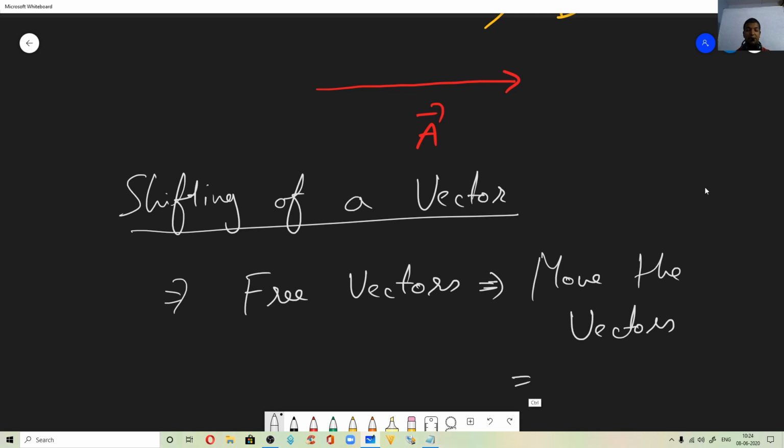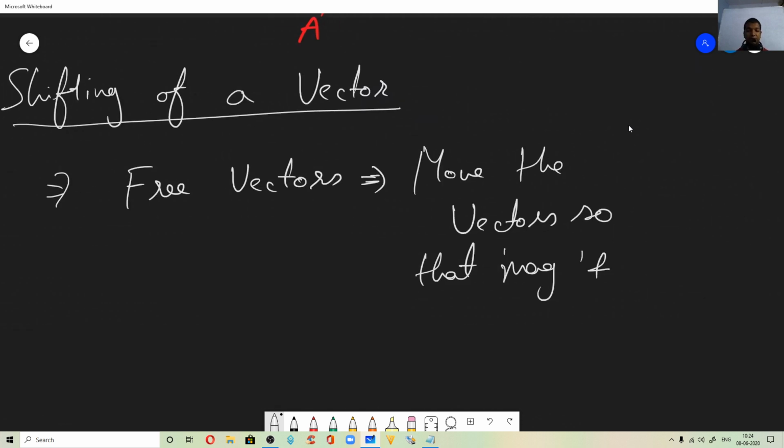There is this condition which you have to follow. Free vectors are the vectors which can be moved, and we call that the shifting of a vector. Move the vectors so that the magnitude and direction will not change. So this is what we call shifting of a vector. The direction does not change.